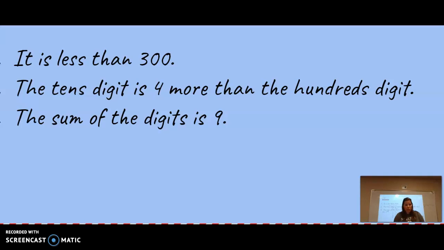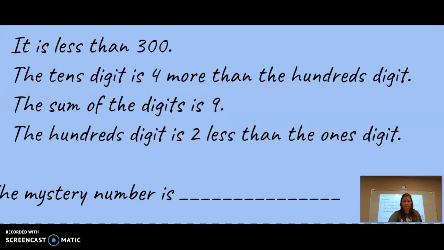Okay, so when you have that number down, it's only going to be between these two numbers. Okay, and then you're going to go to your fourth clue and you're going to hope to decide, oh, yep, this fourth clue is going to tell me it's either this number or this number. Okay, so let's go to clue number 4. All right, it says the ones digit is 2 more than the tens digit.